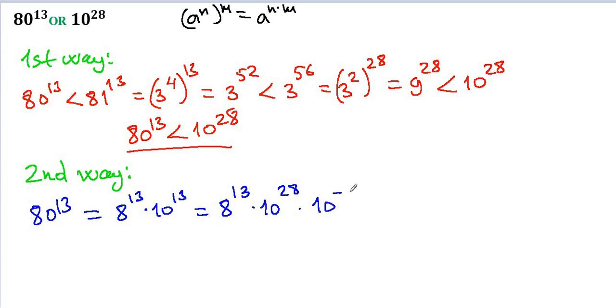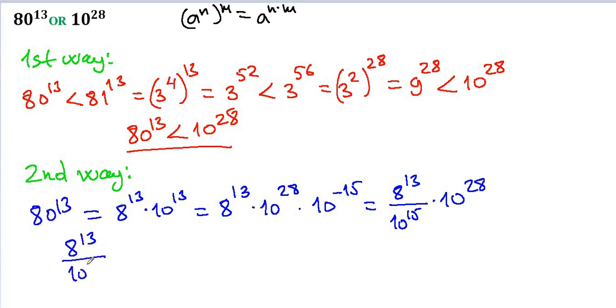And this is going to be equivalent to 8 to the power of 13 divided by, so to eliminate this negative power I have to write this number in the denominator, so therefore 10 to the power of 15, times 10 to the power of 28, and we can clearly see that 8 to the power of 13 divided by 10 to the power of 15 is less than 1.